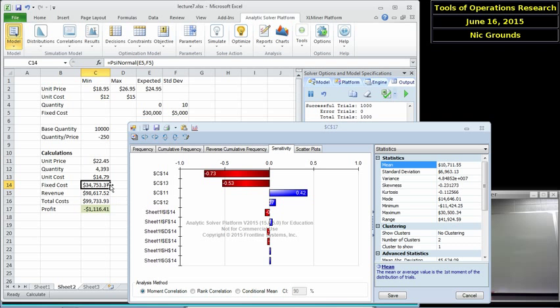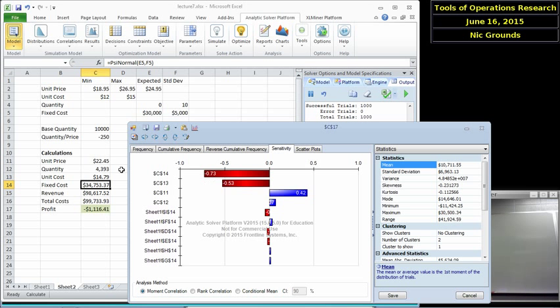The random part of fixed costs, because they're normally distributed, can take on different values. The effect that range of random values has on profit is greater than any other individual cell. And it's negative, meaning the higher the fixed cost, the lower the profit. Makes sense. Obviously that's what you expect.